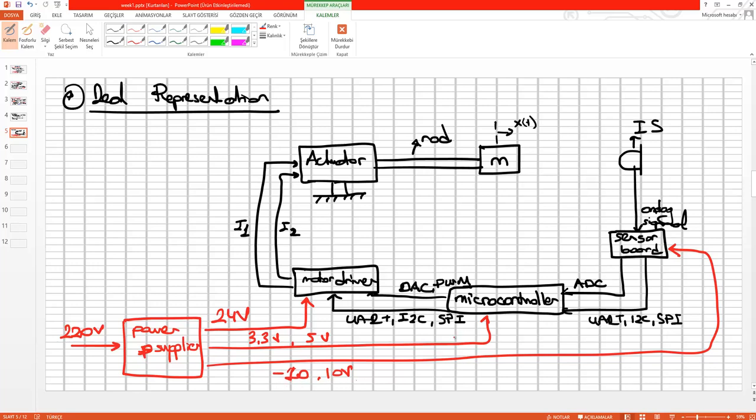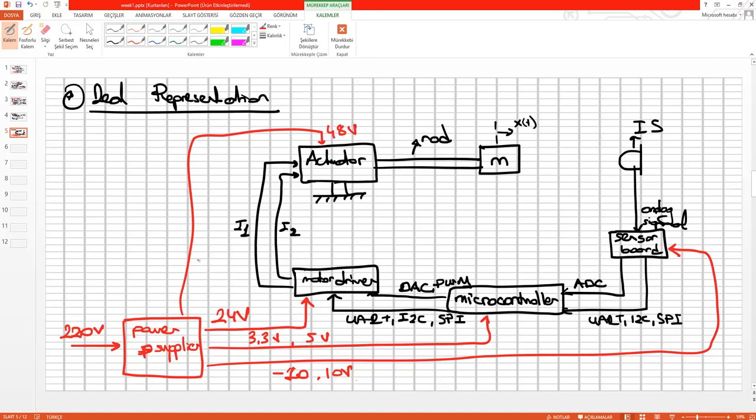This entirely depends on what kind of sensor is utilized in your system, okay? And also we may need to feed the actuator, for example 48 volts, okay?